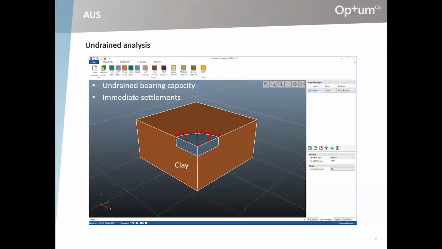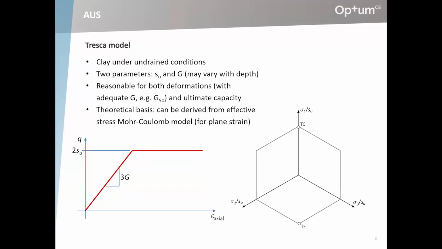So just a very brief introduction. If you were to do an undrained analysis, or if you had a situation where you had a circular foundation in a clay soil and you're interested in the short-term conditions, or the undrained bearing capacity and the immediate settlements, you might pick up the well-known Tresca model. So the yield surface or the failure surface is shown here, the well-known Tresca hexagon.